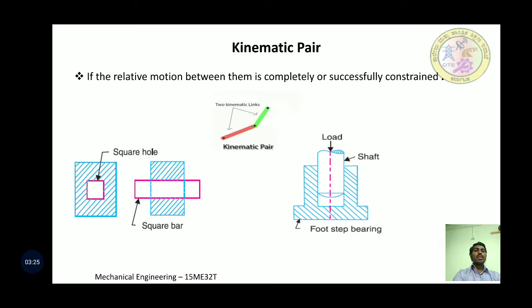When a shaft is inserted into a bearing, there can be axial movement as well as rotary movement. When load is applied, only rotary movement is possible. That's why it is successfully constrained. Figure A is completely constrained. Figure B is successfully constrained.